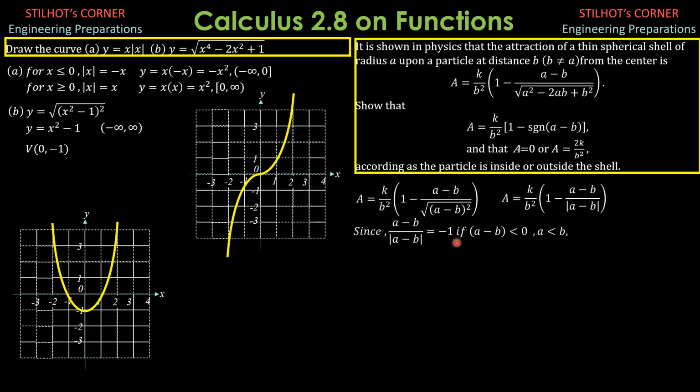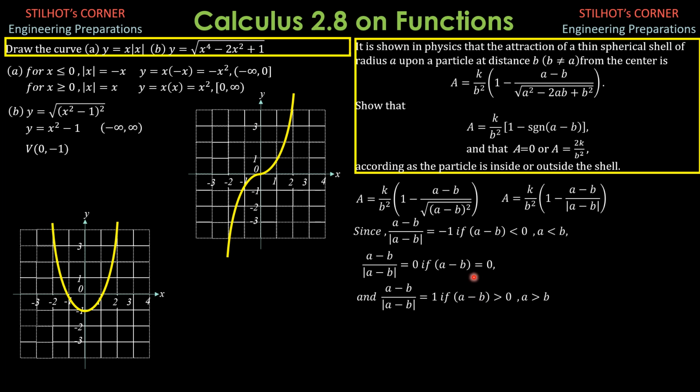So it is negative 1. If a minus b over the absolute value of a minus b, where a minus b is 0, then it is equal to 0. And a minus b over the absolute value of a minus b equals positive 1 if a minus b is greater than 0, or a is greater than b, and that means the particle is outside the shell.